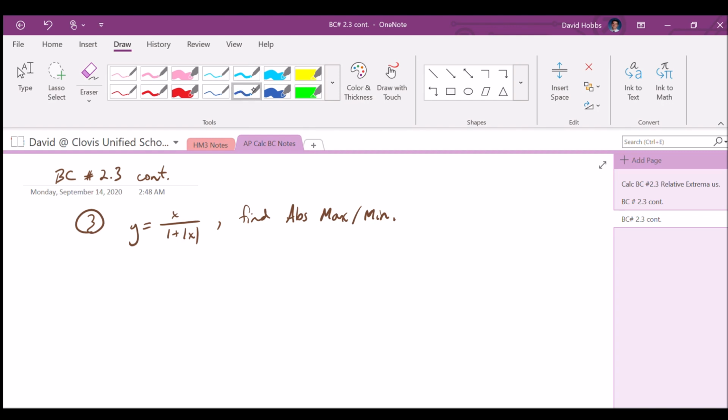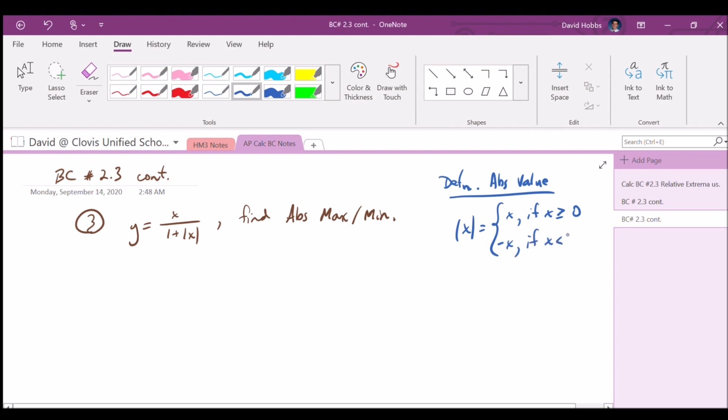Let's remind ourselves what the definition of absolute value is. Absolute value of x is equal to x if the inside is non-negative, and it's equal to negative 1 times x if the inside is negative.